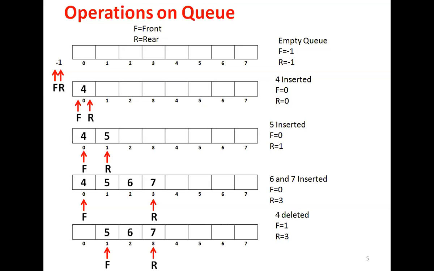Okay, sir. Any other question? So two things you have to remember here: whenever you want to insert a new data item into the queue, what do you have to do before inserting?